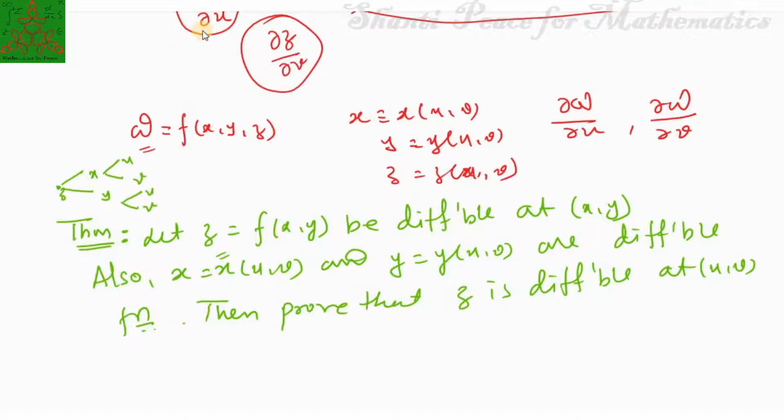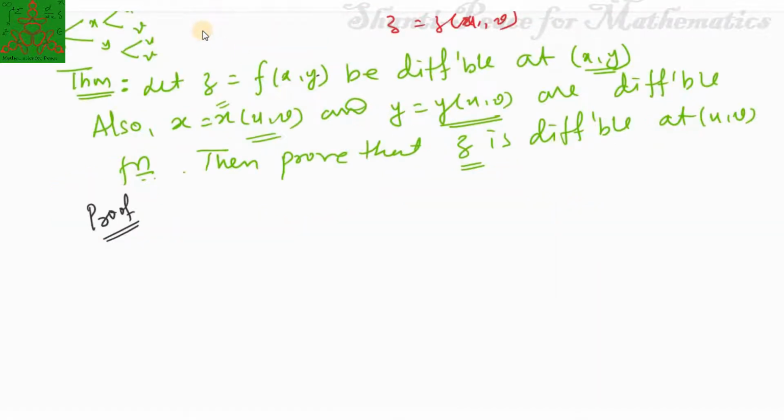If z is differentiable with respect to x and y, and x and y are differentiable with respect to u, v, then the question is whether z is also differentiable with respect to u, v. Let us try to prove this statement.